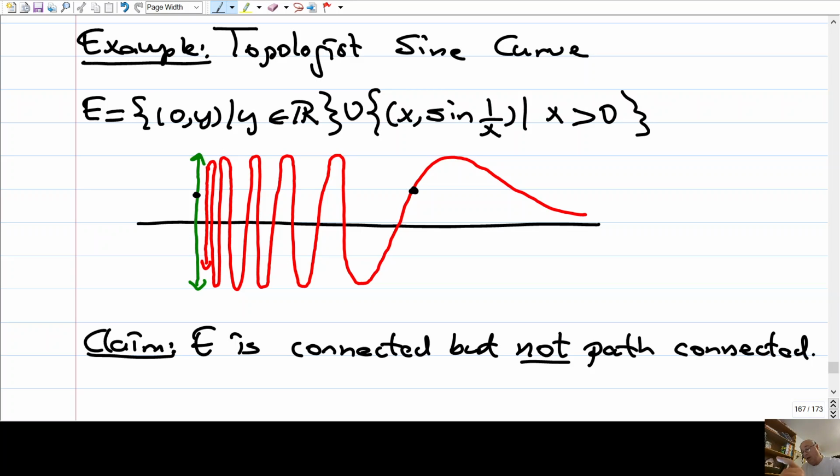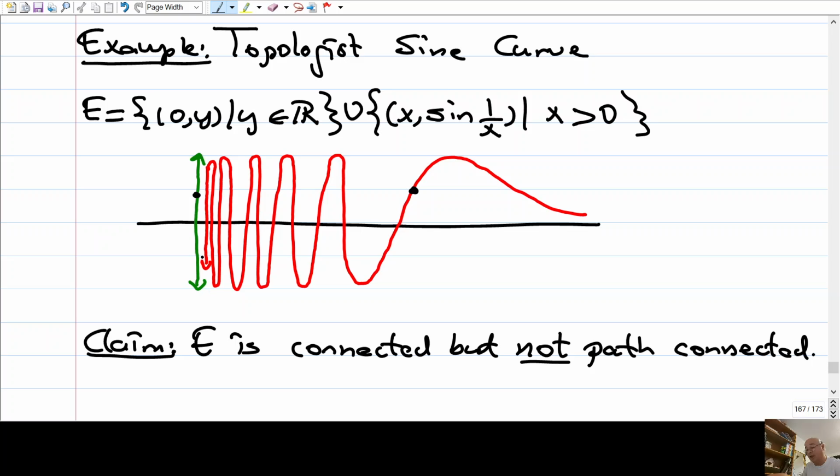We will prove that. But we will also show that you cannot find a continuous path joining this black dot to this black dot. The reason is clear. This curve gets closer and closer to the y-axis, but it never touches that line, and it goes up 1 unit and then down 1 unit.